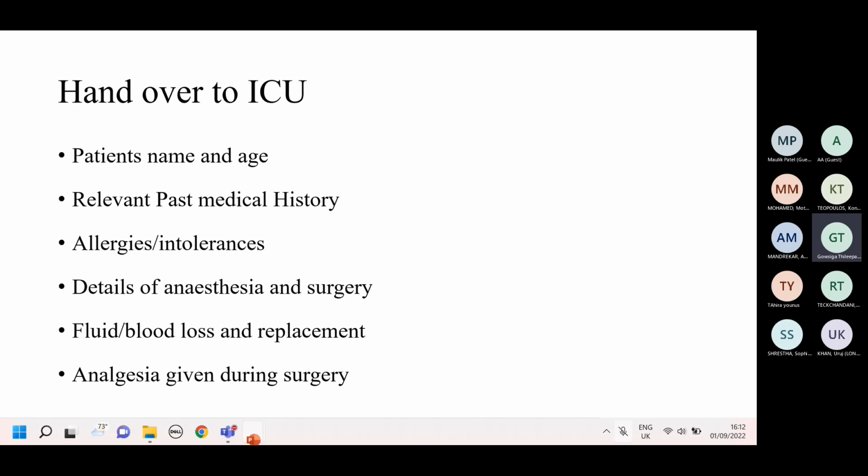You need to assess everything regarding this anesthetic time, right?